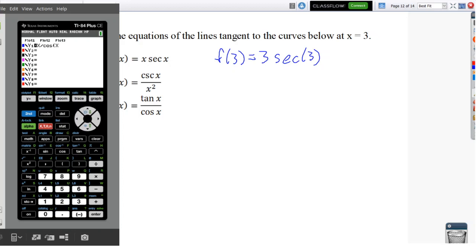If I want to find the value of 3 secant of 3, I'm just going to go second, go into my table, and find f of 3. F of 3 is negative 3.03. Let me see it a little bit better. So I'm going to go second, quit, and go to the home screen. Alpha trace, y1 of 3 is equal to negative 3.0303259998.